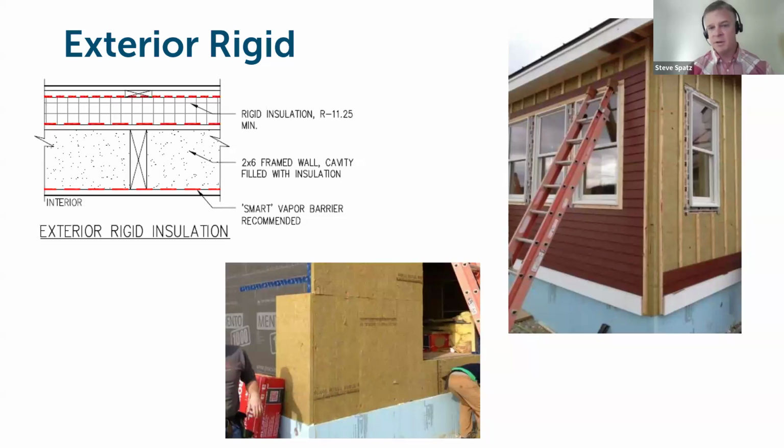This can be done with a variety of different materials and thicknesses. Again, the code requires a 0.044 wall assembly to be code compliant. That can be done with R20 in the cavity and R5 of continuous insulation to get to a 0.044.